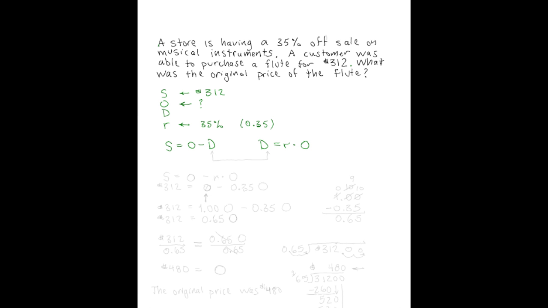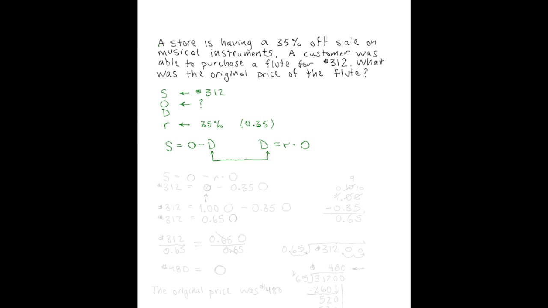So what we have to do in this particular problem is put these 2 together. Only when we do that can we actually get one equation with one unknown variable in it. And the way we're going to do that is we're going to recognize that this D and this D are the same. Since D is equal to R times O, then we can actually make a substitution in the first equation.